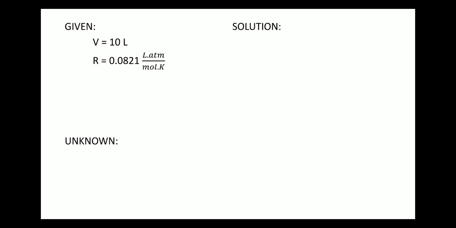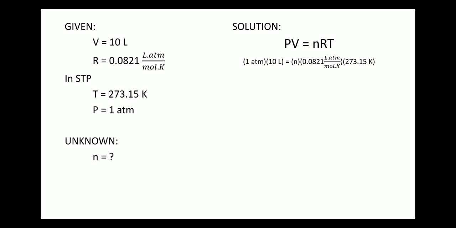Because we talk of STP, these are the values: for temperature, 273.15 Kelvin, and pressure is 1 atm. The unknown is the number of moles. From here, no need to convert temperature from Celsius to Kelvin because it is already in Kelvin at STP. So, writing the formula and substituting the values, 1 atm times 10 liters is equal to n times 0.0821 liter atm over mole Kelvin times 273.15 Kelvin.